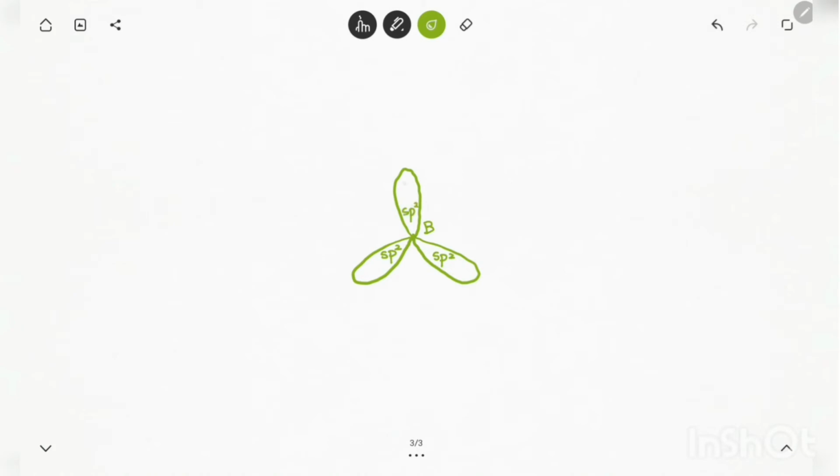Each orbital brings 1 unpaired electron. Then boron will overlap with the hydrogen atom. Hydrogen is spherical since the orbital is 1s. So this is the 1s orbital, hydrogen.